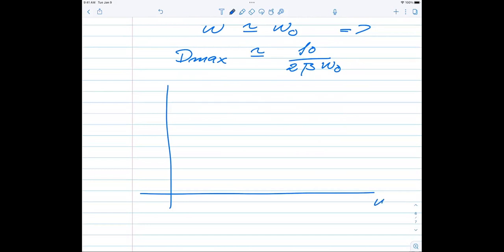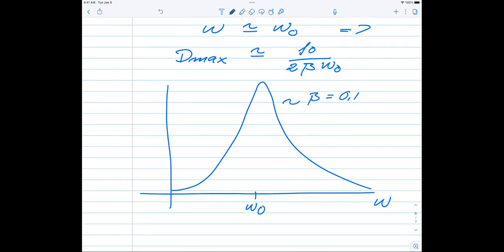You can see that quickly now if you make a plot here. So we have omega, and omega is close to omega 0. If you pick a specific value, and this is very schematic, we would have a beta equal to 0.1 times omega 0. And then if I increase it, well, you can see that my drawing skills are not optimal.